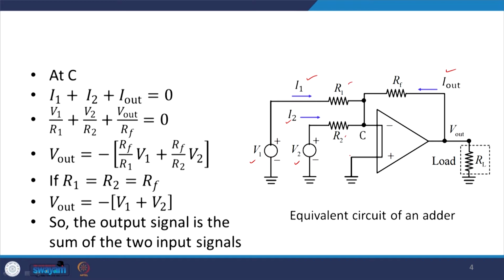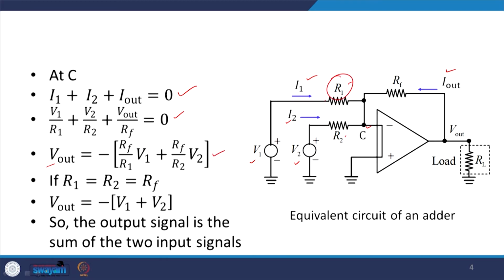At point C if I apply Kirchhoff's current law, I have these three currents, so I can sum them to 0 and substitute I1 as V1 by R1, I2 as V2 by R2, and I out as V out by RF, equal to 0. From here I can write V out is equal to minus of RF by R1 V1 plus RF by R2 V2.